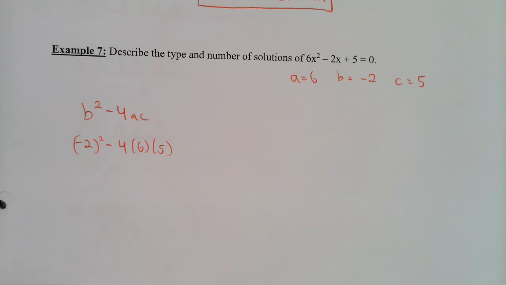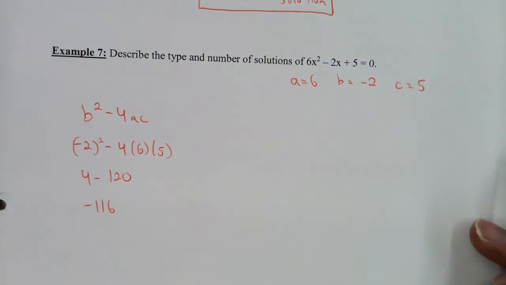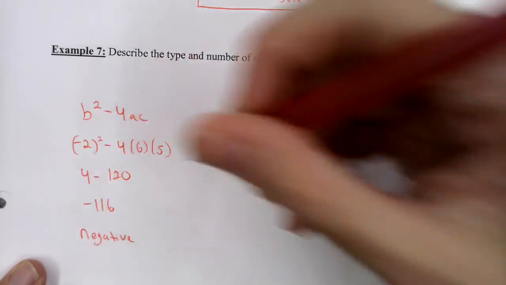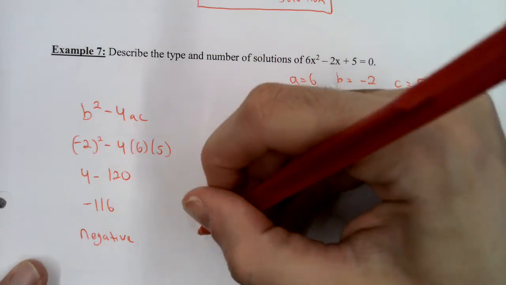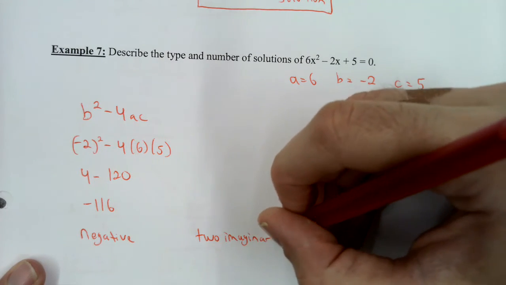That gives us 4 minus 120, so negative 116. That is negative, and since that answer is negative, we have two imaginary solutions.